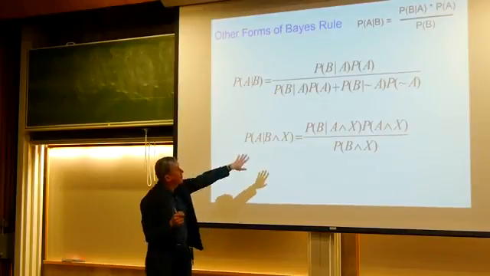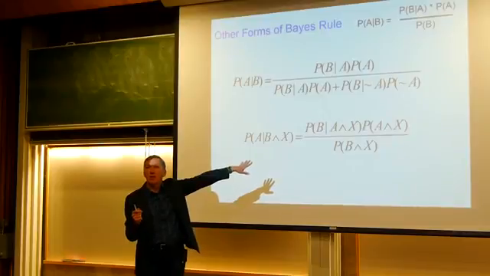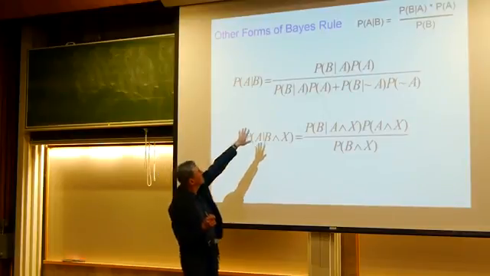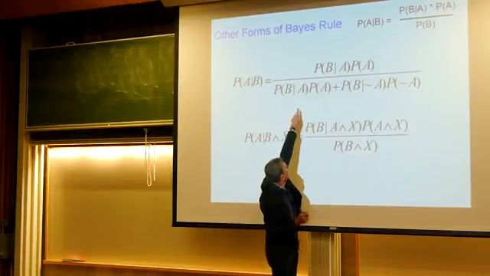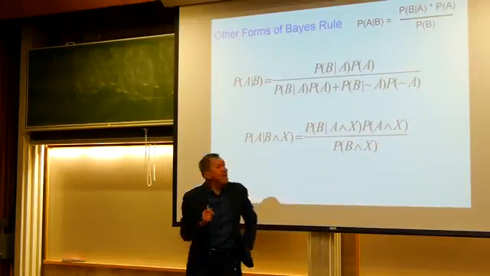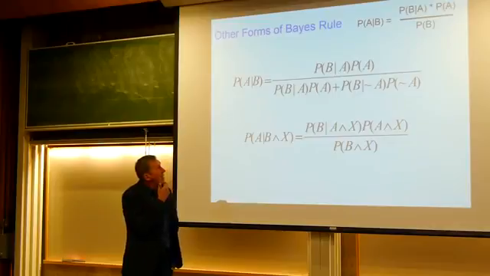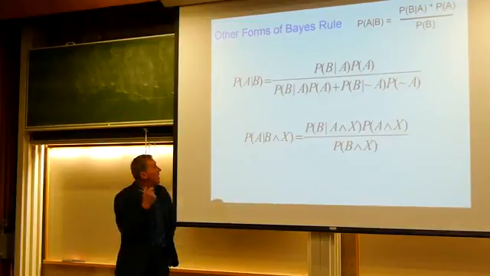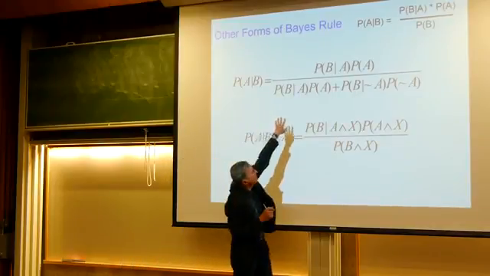Here are two other forms of it that we'll sometimes use. This first form is really just like the one up in the corner, except that we've replaced the denominator, P of B, by an expression that's equal to that.